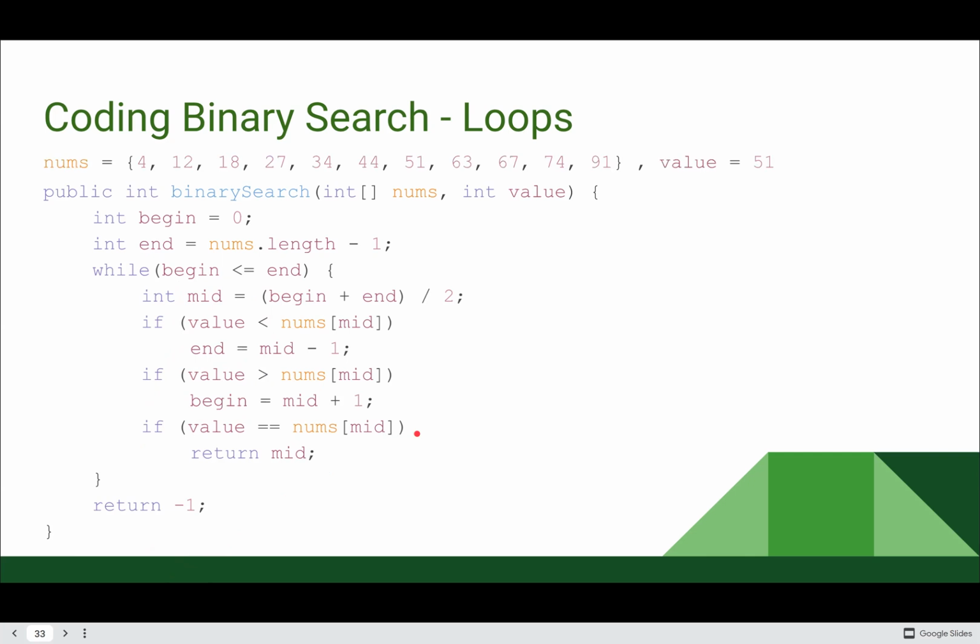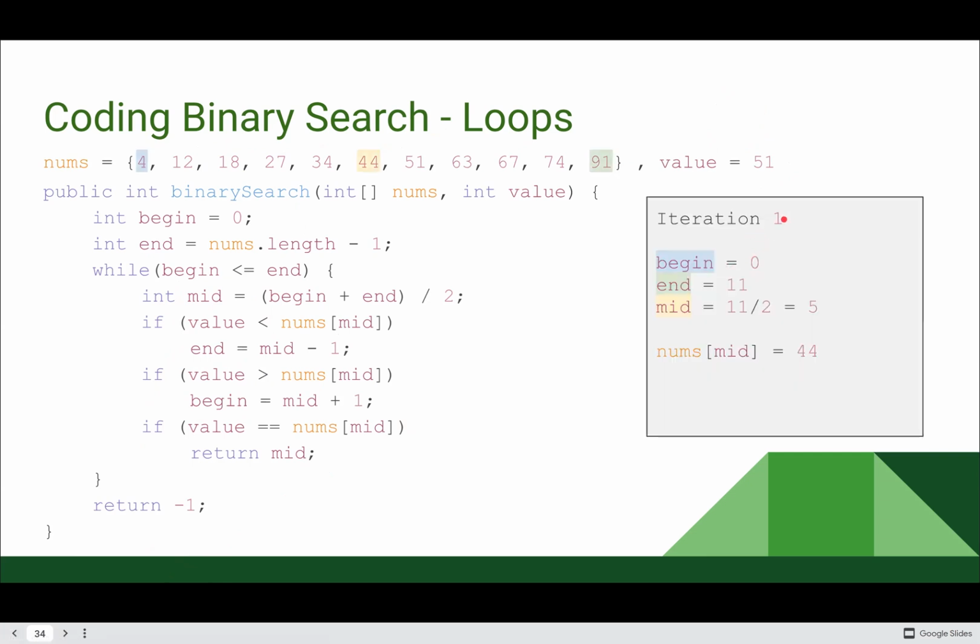So let's run through an example. I've got my nums array equaling 4, 12, 18, 27, 34, 44, 51, 63, 67, 74, 91. We are searching for the number 51. So in my first iteration, my begin starts at 0, my end starts at 11. 11 divided by 2 is going to equal 5.